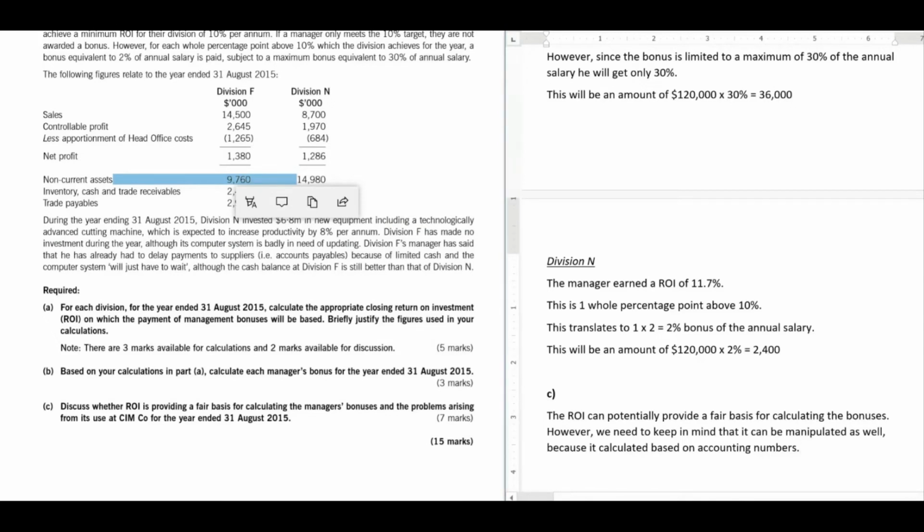So let's write that down. Division F's manager bought new equipment which increased productivity and was in line with the business's best interests, right?